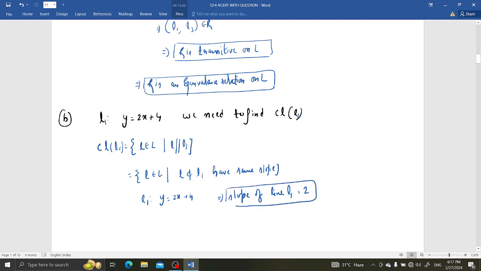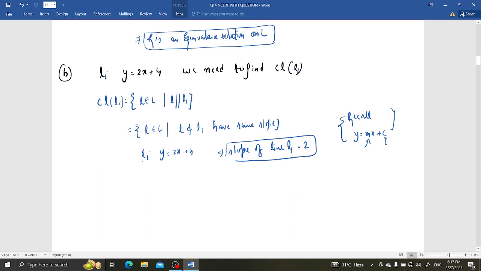Why so? Because recall, if we have the equation of a line y equals mx plus c, then m gives the slope of the line and c gives the y-intercept. Okay, where it cuts the y-axis. So here that means L belongs to L, the slope of L has to be 2.